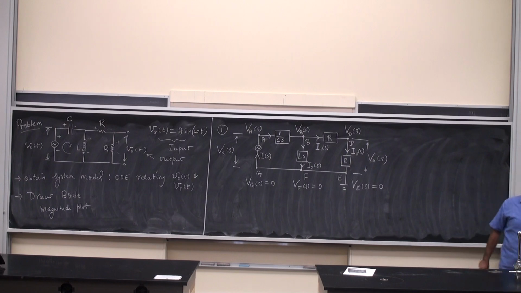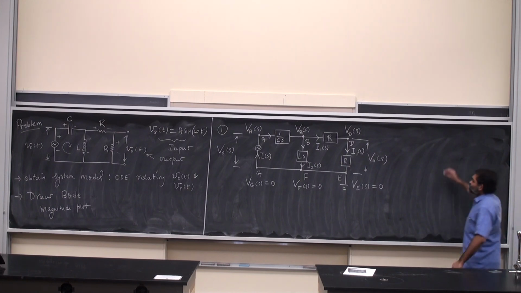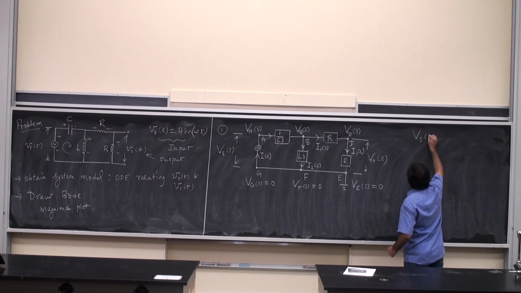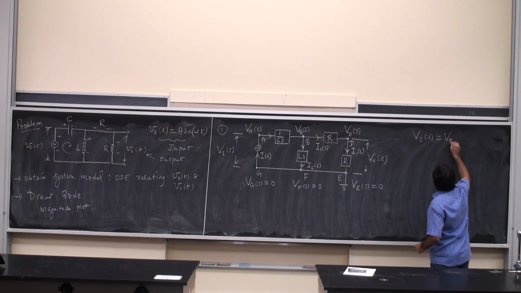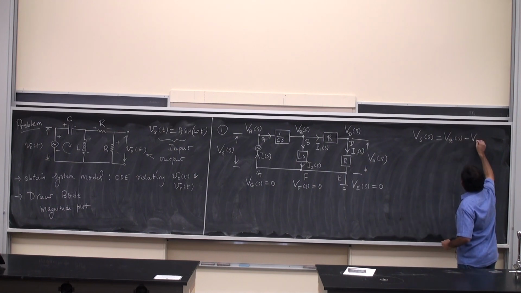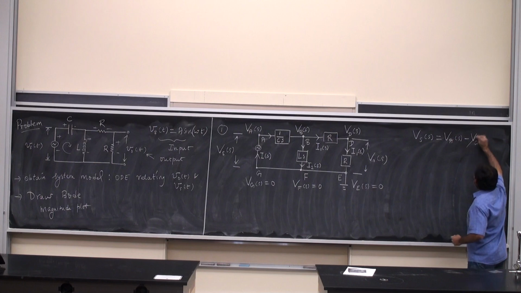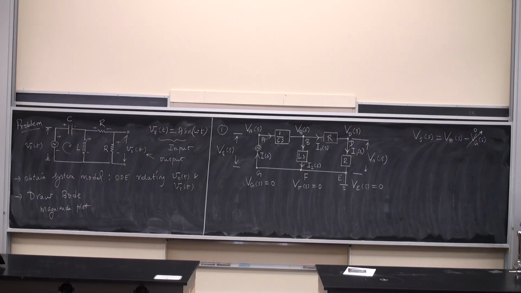Then I write down the voltage differences. First of all, Vs of S is Va minus Vg. Obviously, Vg is 0, so this is just Va.